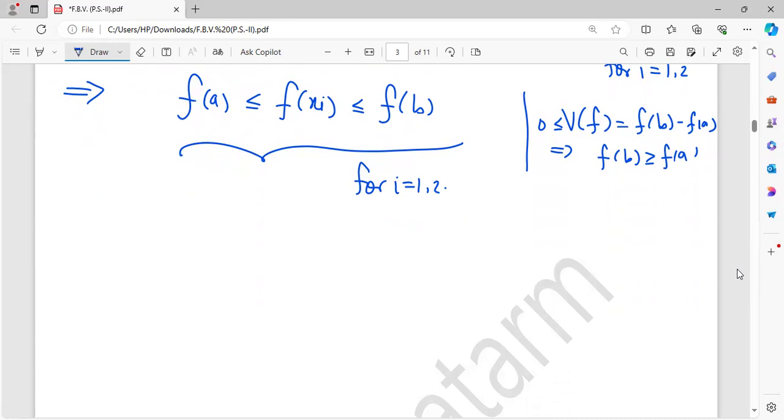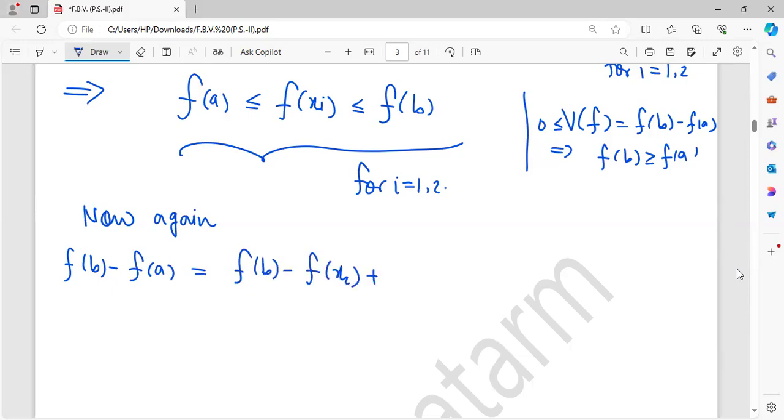Now I can write f(b) minus f(a) again by adding and subtracting: f(b) minus f(x2) plus f(x2) minus f(x1) plus f(x1) minus f(a).